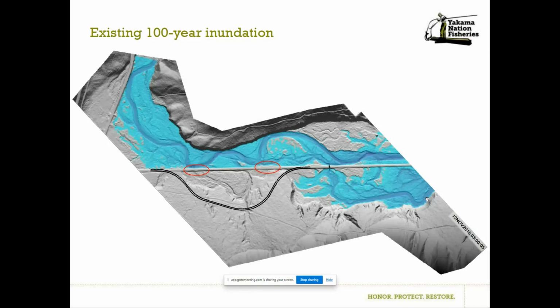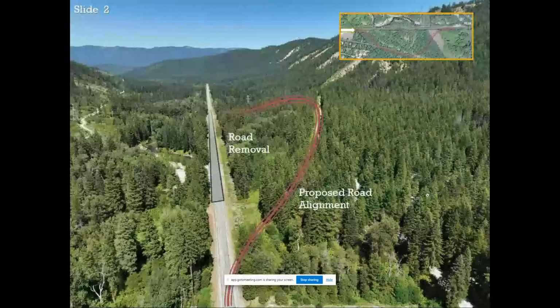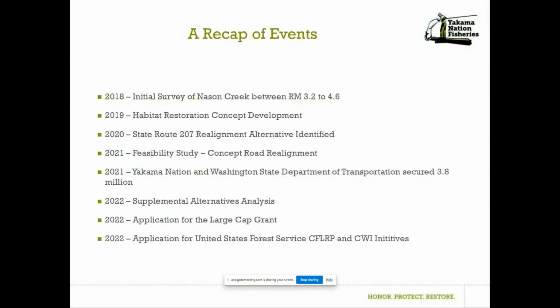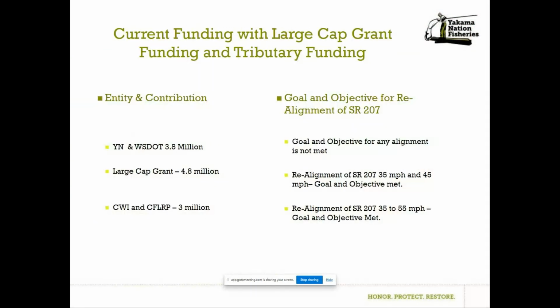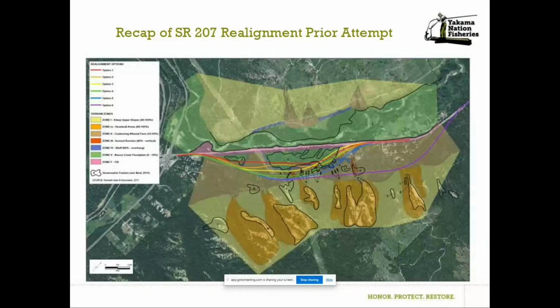I don't know what the private property constraints would be, but there would be like a 430% increase in the amount of floodplain that would be reconnected with alternative 1, as opposed to the alternative that's being currently proposed.